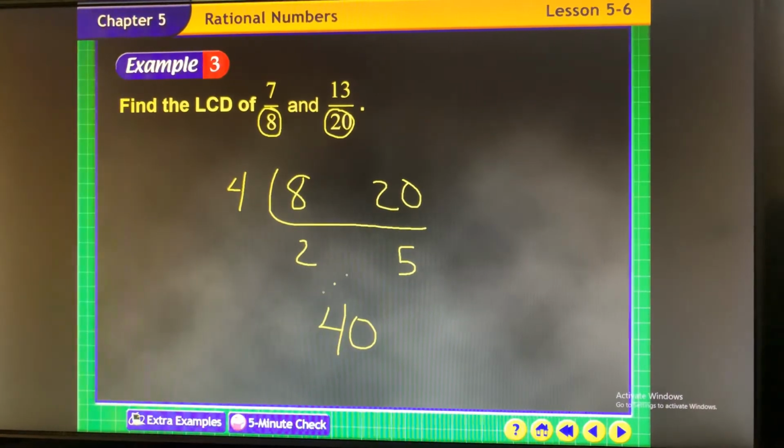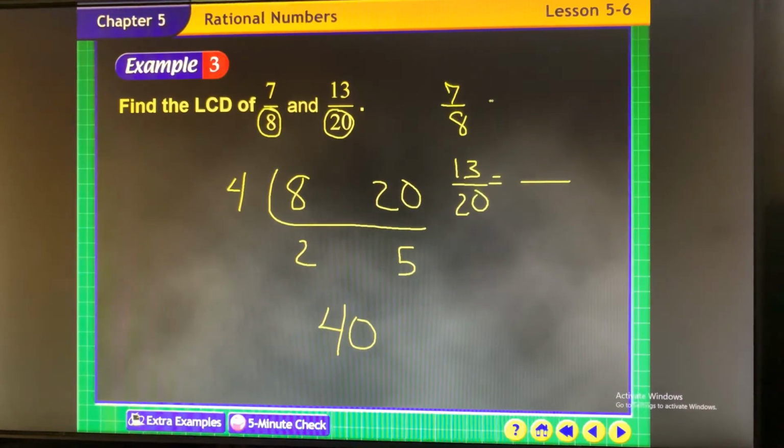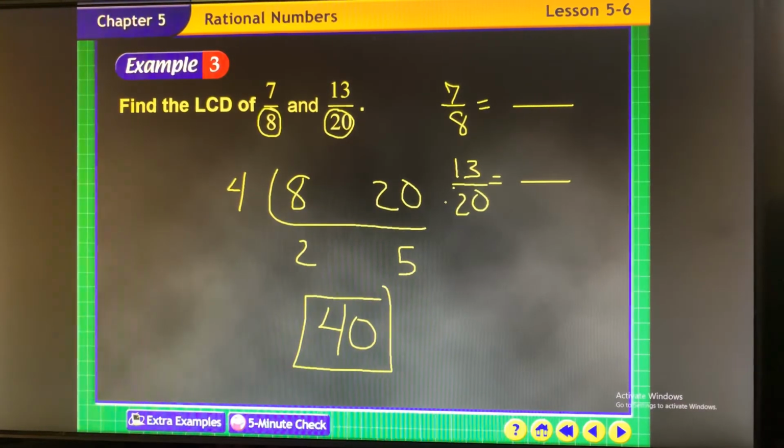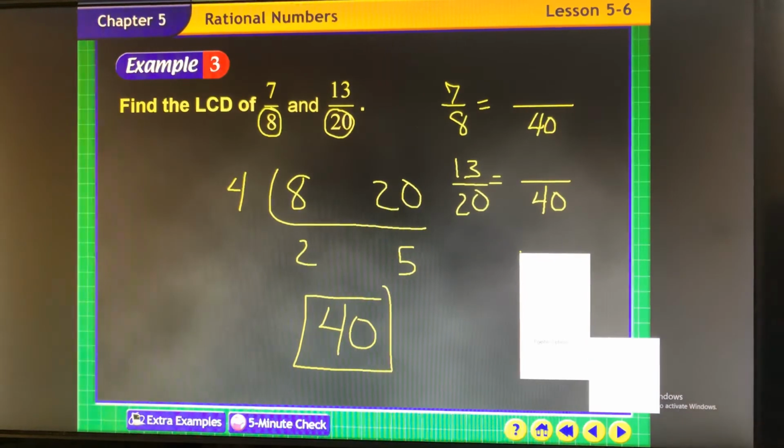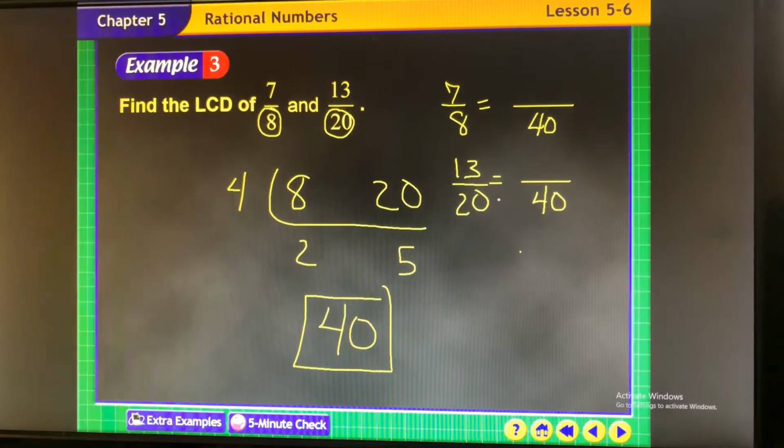So why would you need your least common denominator? Because we're getting into adding fractions with unlike denominators. And when you do that, you have to find your LCD to rewrite your fractions to have a common denominator so that you can add them. So this is going to be our next section that we do. So then you say 20 times what is 40?